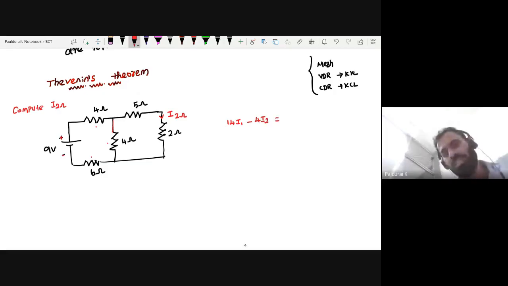When it goes to the right hand side, it becomes 9. Equation number 1. Coming to equation number 2: 5, 2, 4, three resistors in I2, 5 plus 4 is 9, so 11 I2, 4 is common with I1, minus 4 I1, equals 0. Equation number 2.